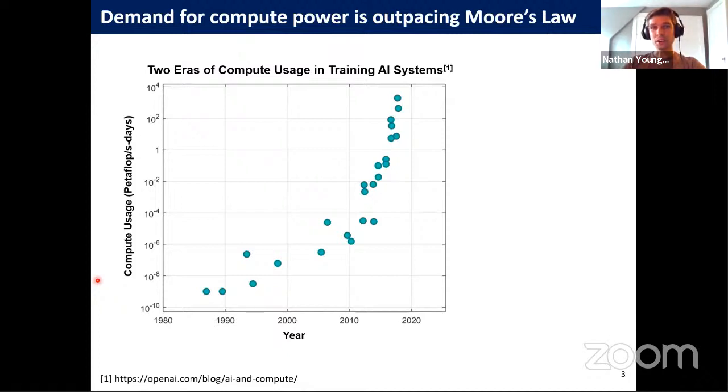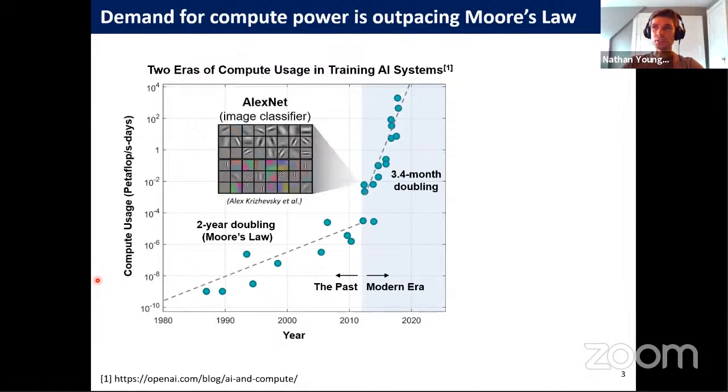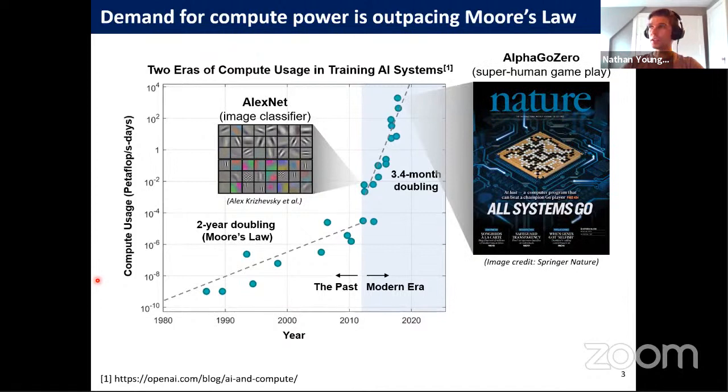In the past, artificial intelligence model complexity roughly scaled with Moore's law, but within the last decade, there's been a huge increase in the amount of computing resources needed to achieve superhuman cognitive tasks, starting with AlexNet and resulting in AlphaGo Zero. These successes have been so far enabled by advances in multi-core GPUs, but simply connecting more and more GPUs together is not a sustainable solution for the continued growth of artificial intelligence.